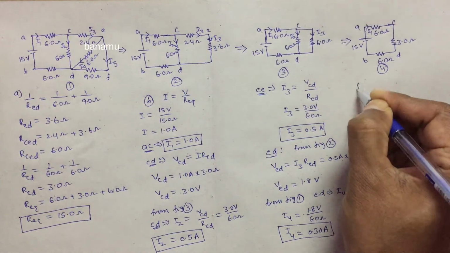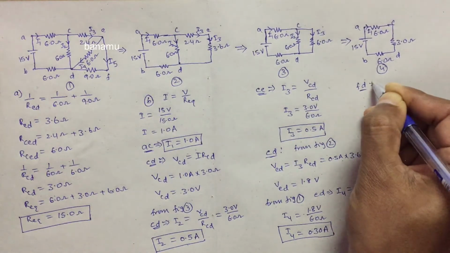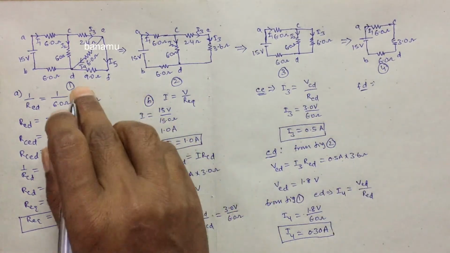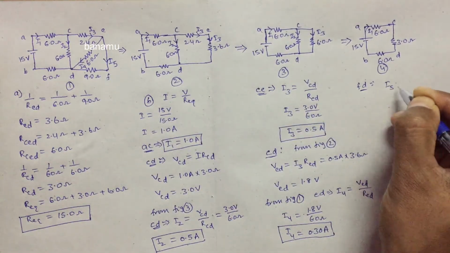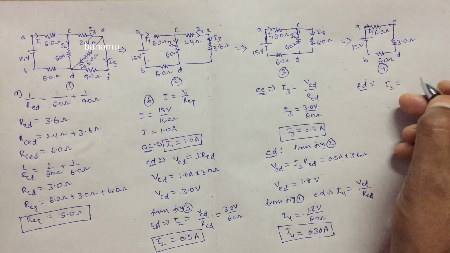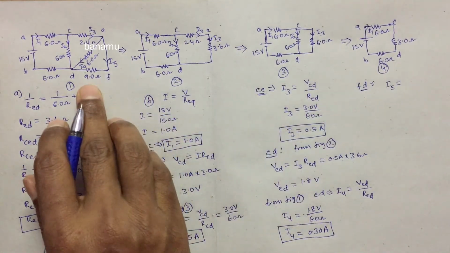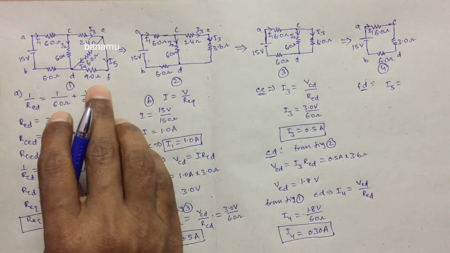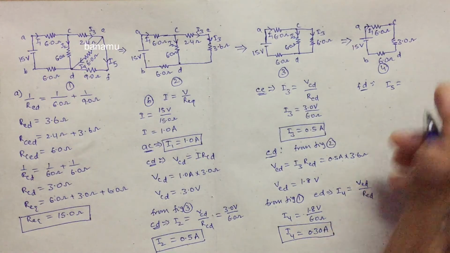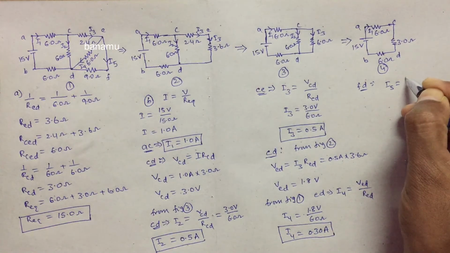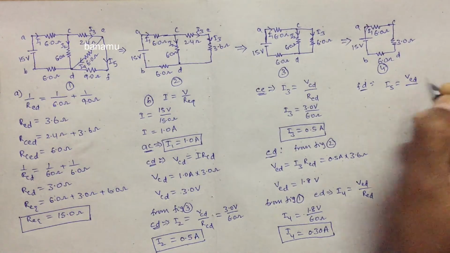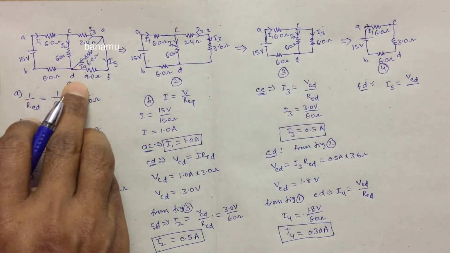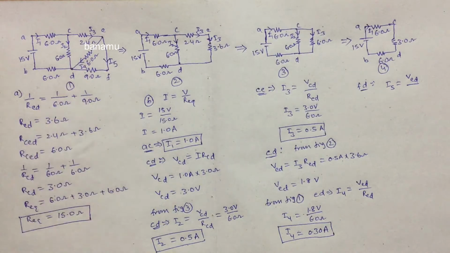Between the points FD, the current through the 9 ohm resistance is I5. I5 is equal to the potential difference between the points FD, which is VFD. The potential difference between FD is the same as ED, because the 6 ohms and 9 ohms are both connected in parallel. In a parallel circuit, the potential difference is the same.